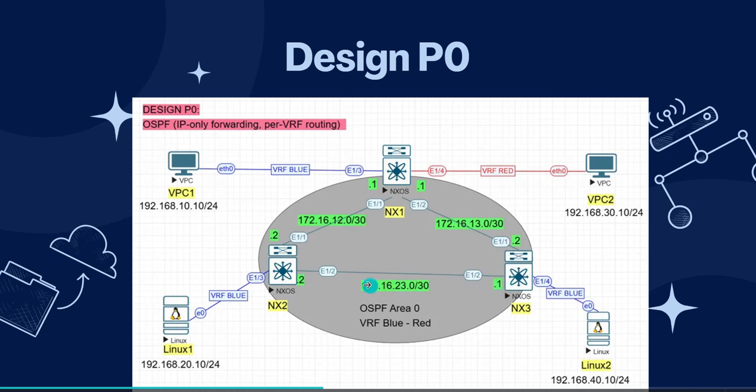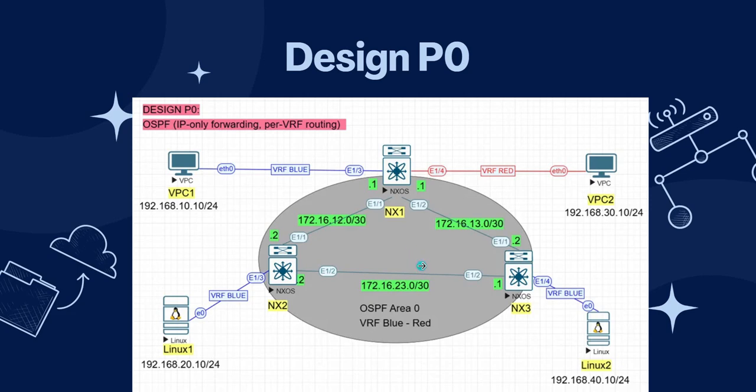The measurement is: we disconnect the link by shutting down the interface between NX2 and NX3. During the measurement, we use iPerf3 to flood the traffic to measure the bit rate and also the packet loss.